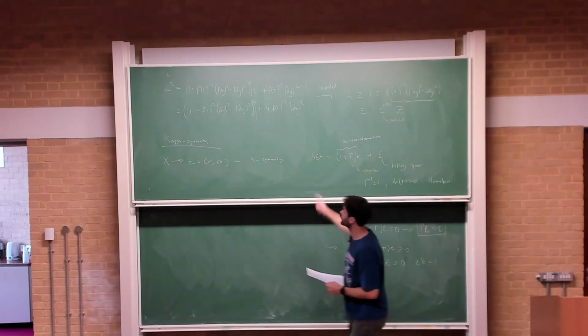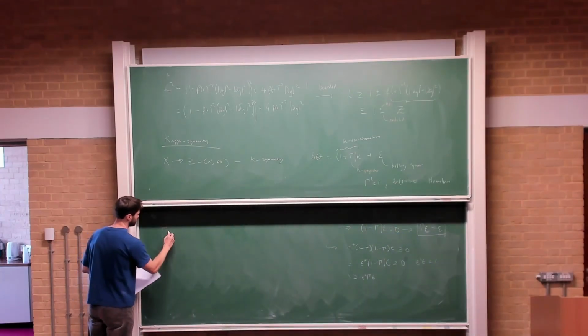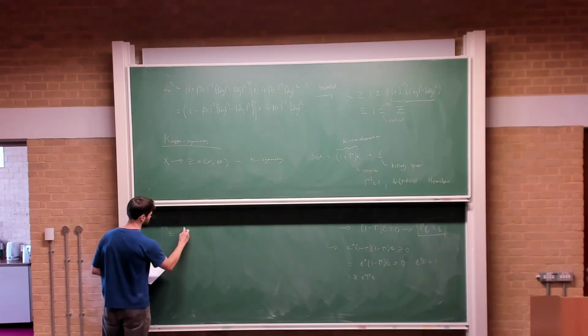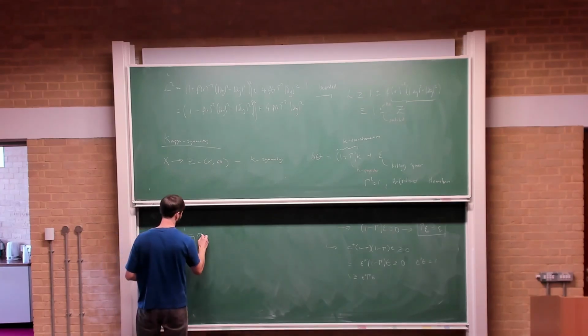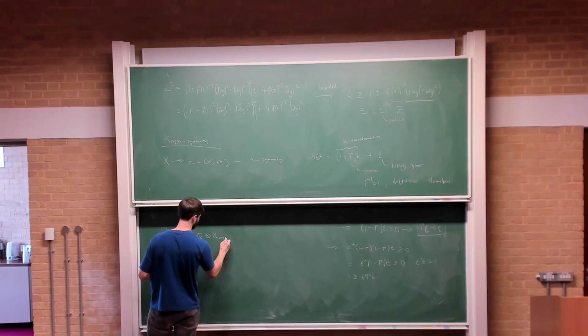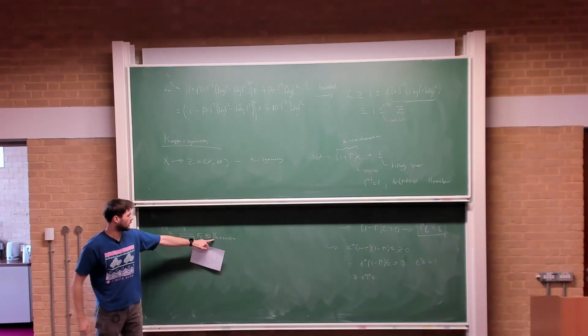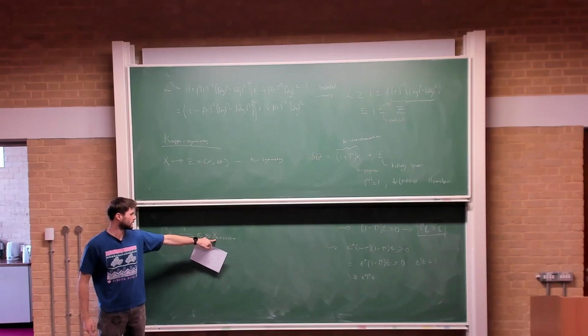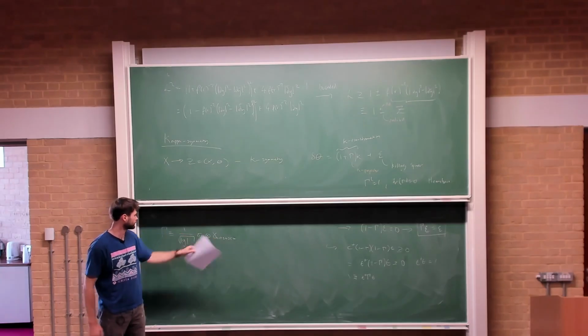And so for our specific embedding, I said that gamma was embedding specific. It takes the following form. Where these are Dirac matrices, curved space Dirac matrices that have been pulled back to the brane. So these are the induced gamma matrices on the brane.